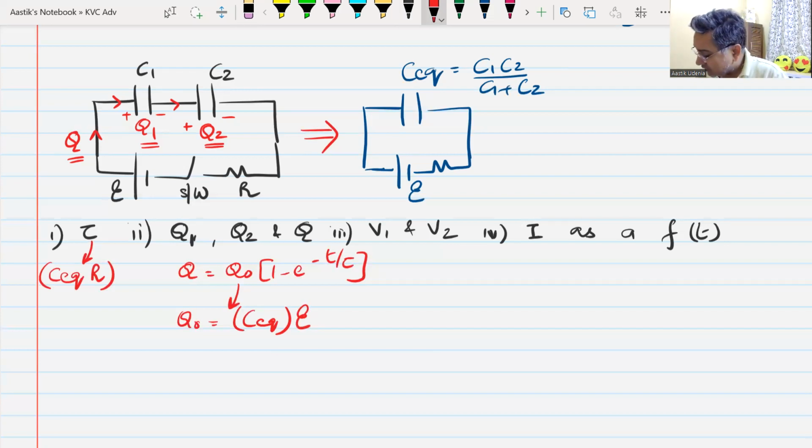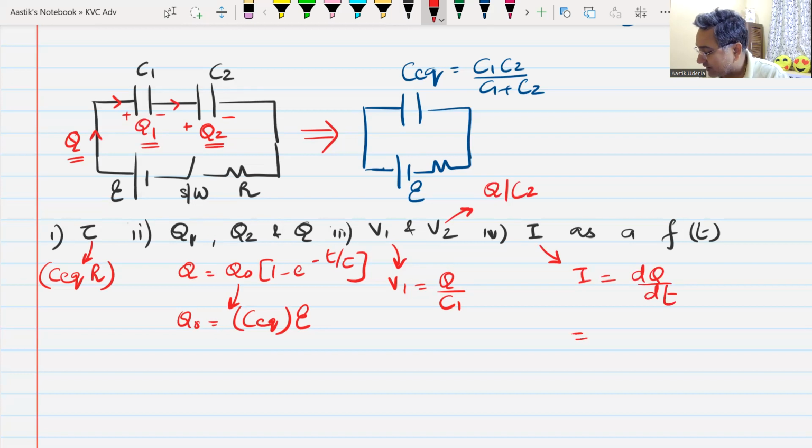Understood, sir. To find the value of V1, you can find it from Q by C1. Do we understand this? Yes, sir. To get the value of V2, you can find it from Q by C2. Yes or no? Yes, sir. To get the value of I, you can differentiate Q with respect to time.